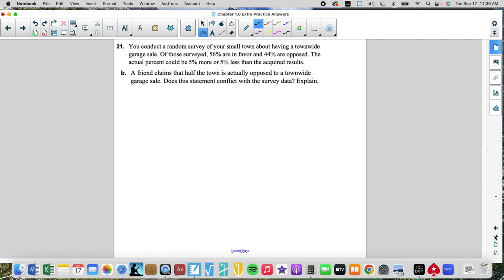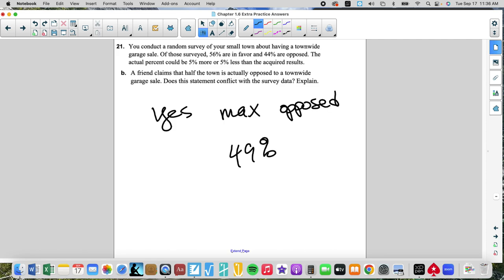A friend claims that half the town is actually opposed to a town-wide garage sale. Does this statement conflict with the survey data? Yes, because 5% more would give you 49, and that would not be 50%. The max opposed is 49%.